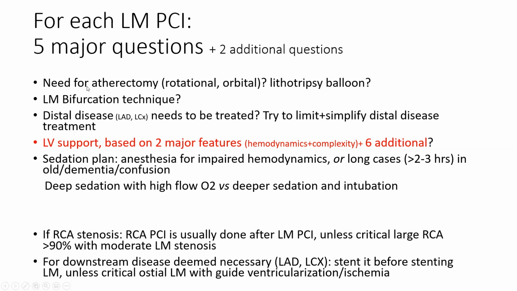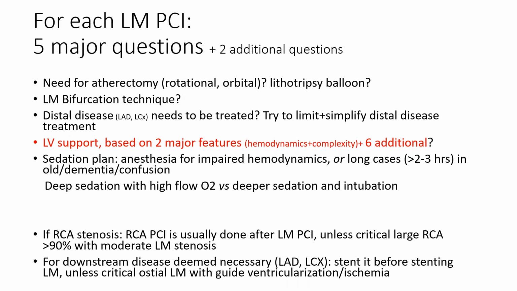So 1, need for atherectomy, rotational or orbital atherectomy, and/or lithotripsy balloon. That will add to your complexity, but I decide to do that when I have heavy calcium. Frequently, that means seeing calcium on both edges of the vessel in at least one view. But, you know, there is subjectivity involved in that.